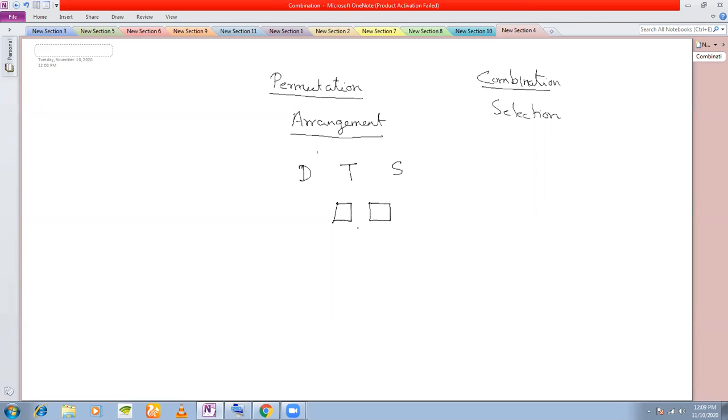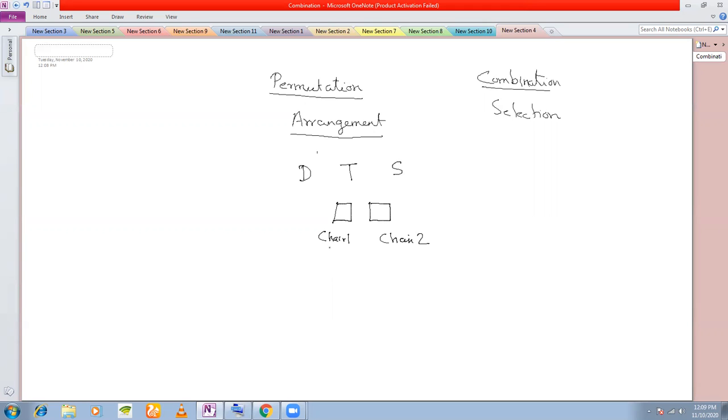The question here is, in how many ways can these three students, D, T, and S, be arranged in these two chairs? Say I call this chair 1, call this chair 2.